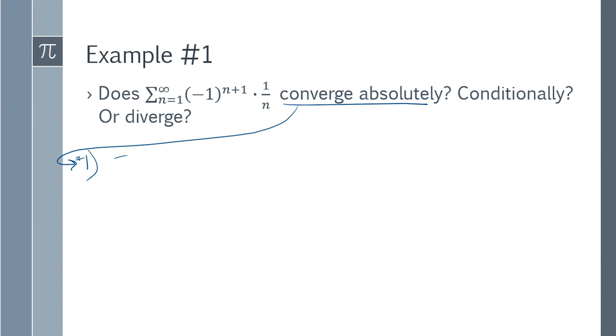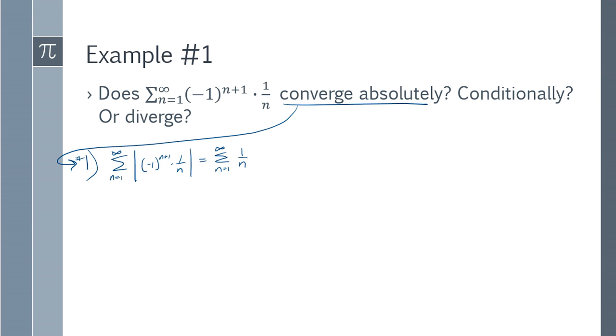Absolutely means that I'm looking at the series, n goes from 1 to infinity, of the absolute value of -1 to the n plus 1 times 1 over n. Well, the absolute value gets rid of my -1 to the power part. So this is really the series, as n goes from 1 to infinity, of 1 over n.